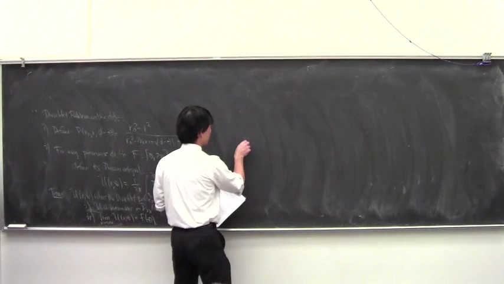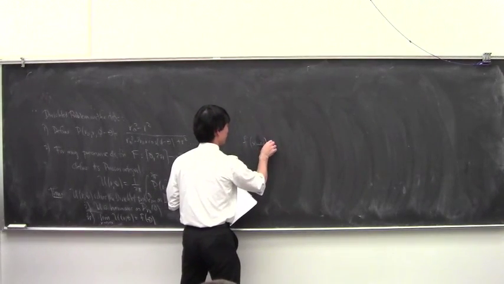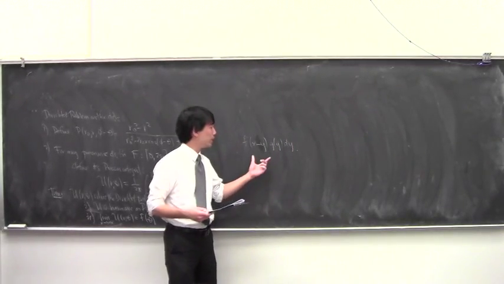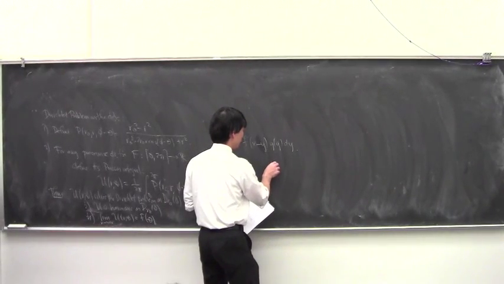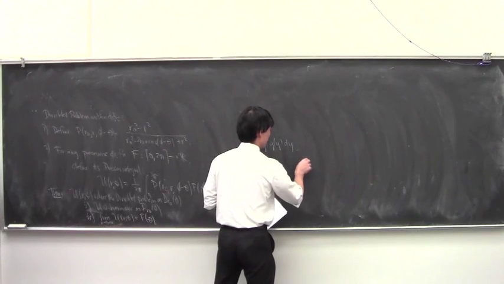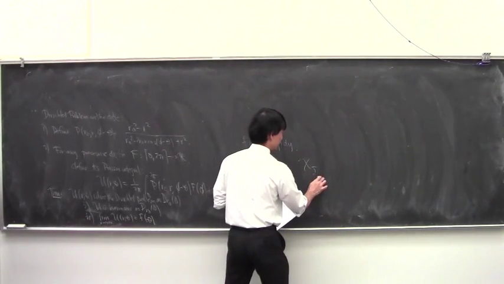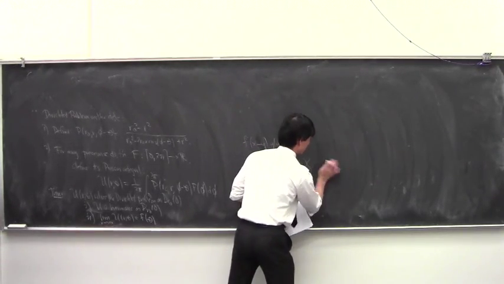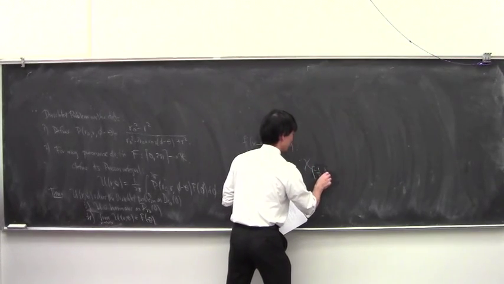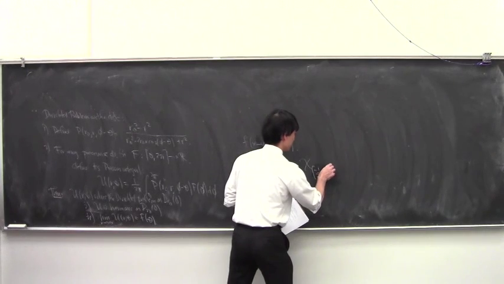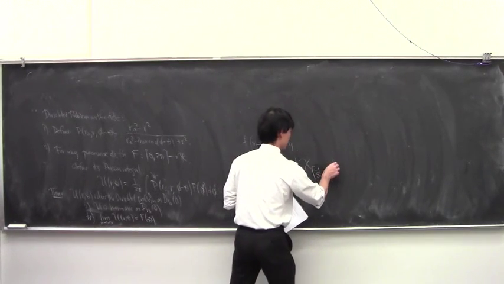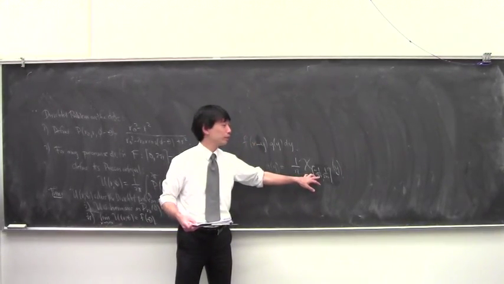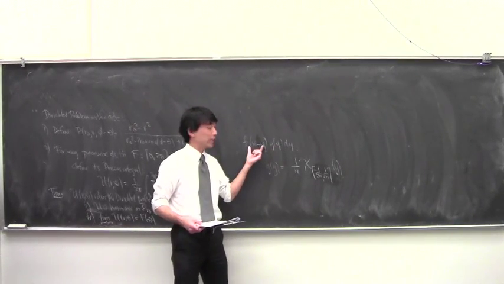Remember when we talked about convolution, right? That's f of x minus y. You convolve with something, and if g of y is the characteristic function of some interval, the average over that interval, then when you convolve, you recover the average of the function near x.